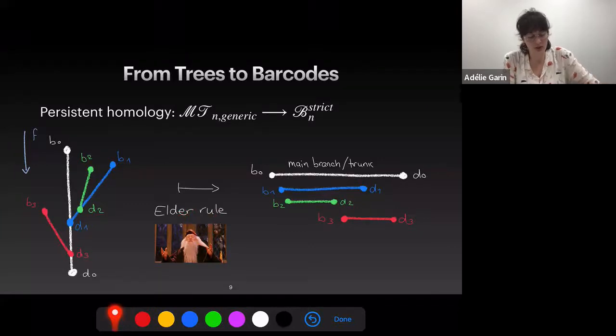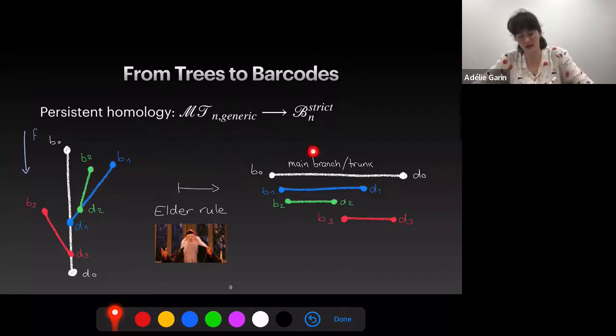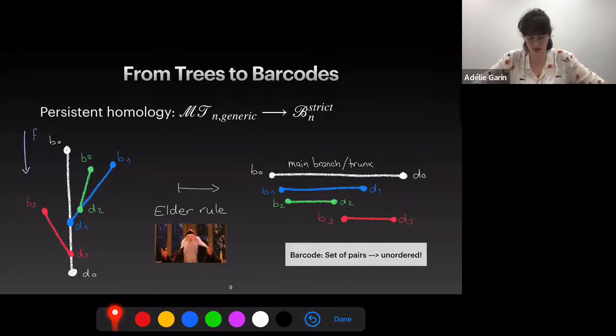Basically by the elder rule, when you have two branches that merge into each other, you just say that the one that was born before stays, so the blue one here, and the green one dies, merges into the other one, and that's how you obtain the barcode. So I guess everyone's familiar with that, but it's easier to see this with this more algorithmic version here. And even though I will always order the bars by birth, just remember that a barcode is really just a set of pairs, so it's unordered, and I will get back to this at the end.